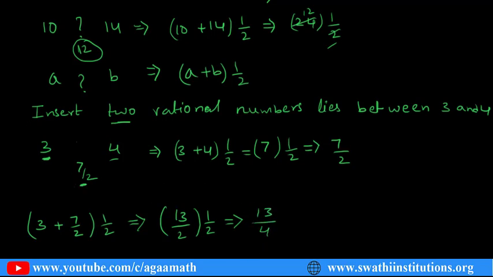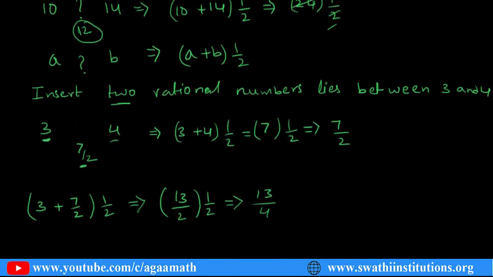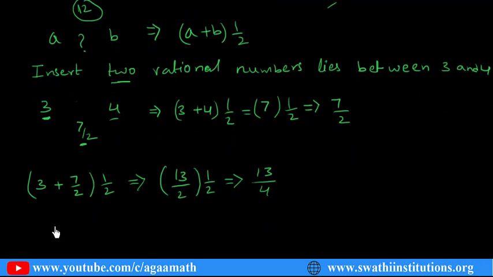So if you observe clearly, in between 3 and 4 we got one, 7 by 2, and another, 13 by 4. So now I have inserted two rational numbers in between 3 and 4.